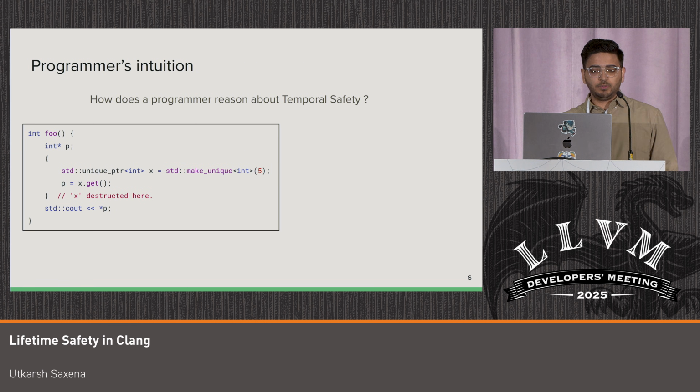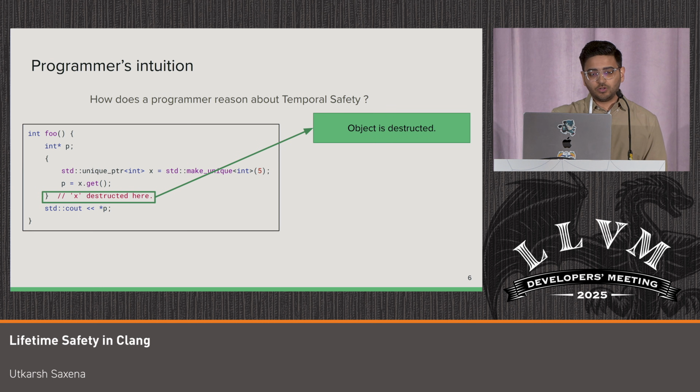Let's consider the same example that we saw earlier and see how a programmer or a C++ user identifies and reasons about a use after free issue. The first thing we notice is that there is an object that was constructed, but more importantly, where is it destructed?